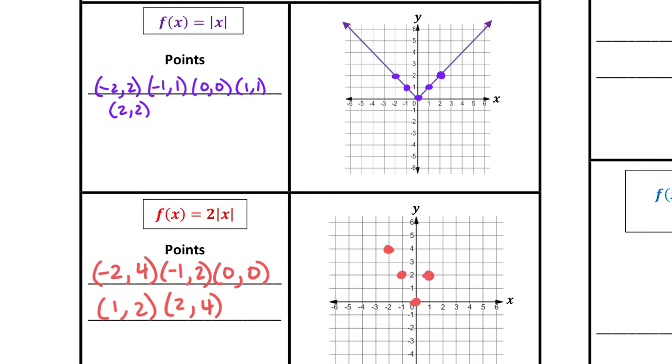And 2, 4: 2 to the right, 4 up. So these are my 5 red points. If I connect them, it'll look something like that on the right side, and then on the left.